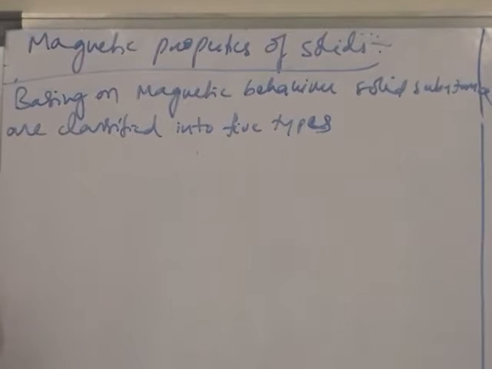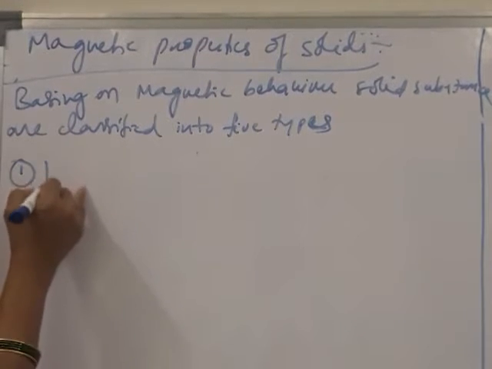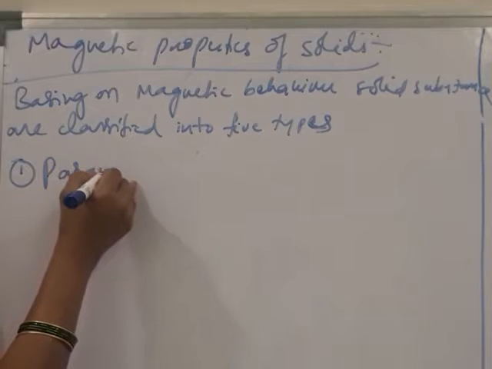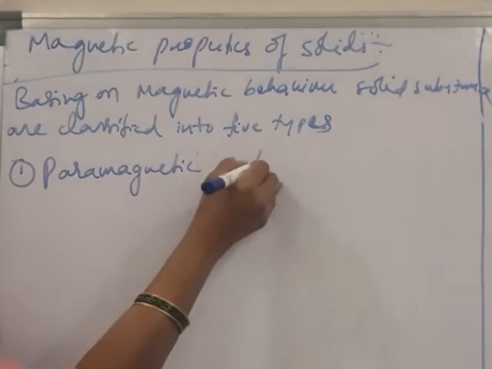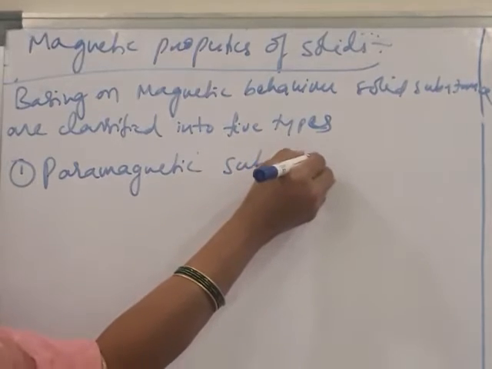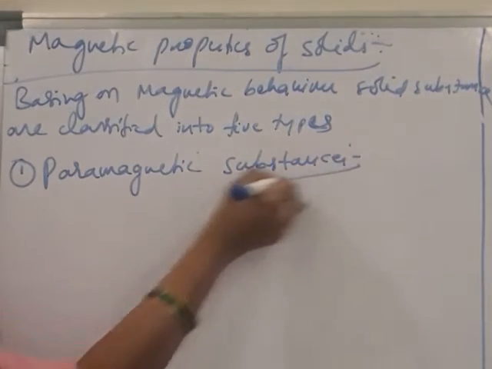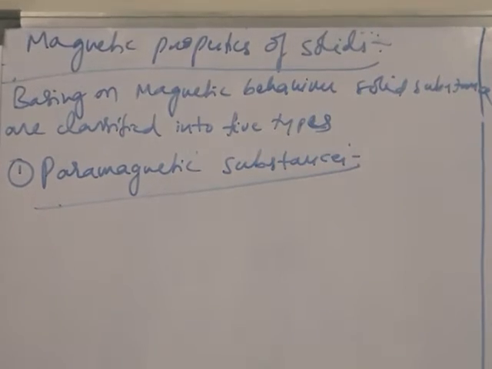Okay, so first one is paramagnetic substances. So substances which are weakly attracted by magnetic field are called paramagnetic substances.